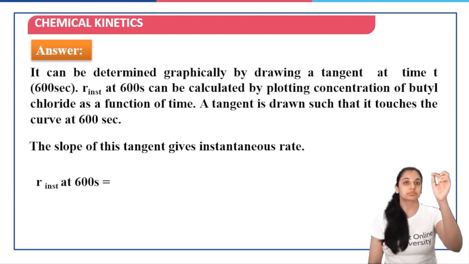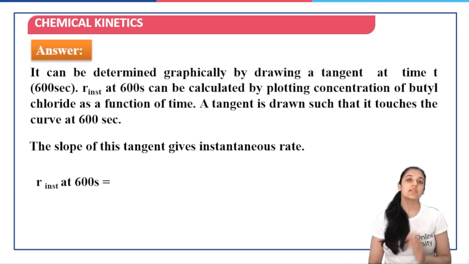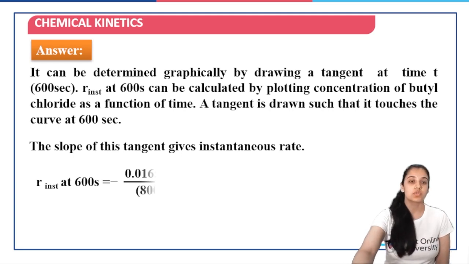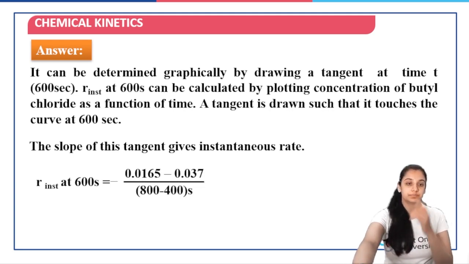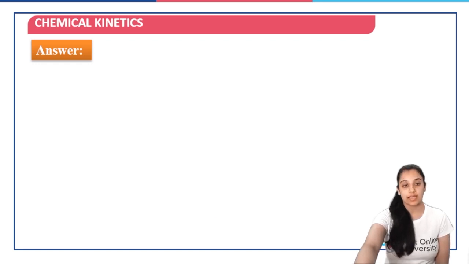That is, higher point minus lower point on the y-axis, divided by higher point minus lower point on the x-axis. So that would be 5.12 into 10 raised to power minus 5 moles per liter per second.